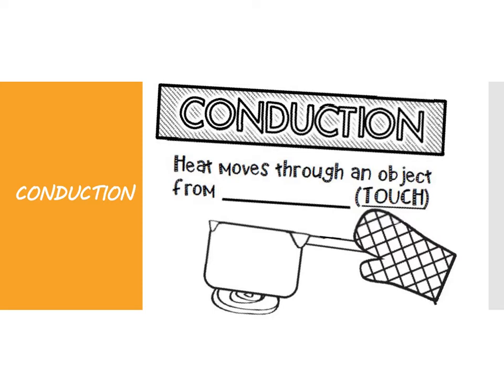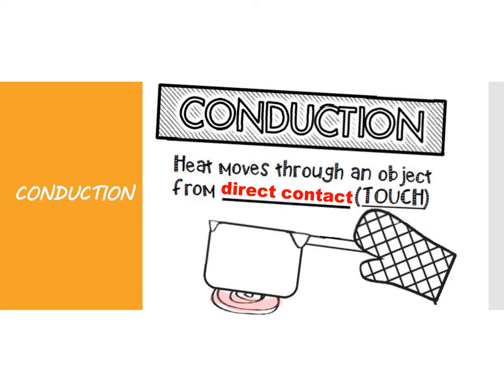The last type of heat transfer, down on the bottom right of your paper, is conduction. Conduction is when heat moves through an object from direct contact. You're actually touching it. In our example here, we have our stove burner.